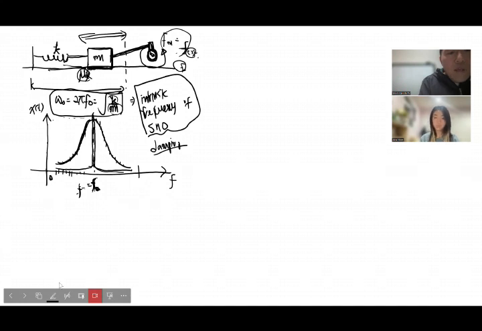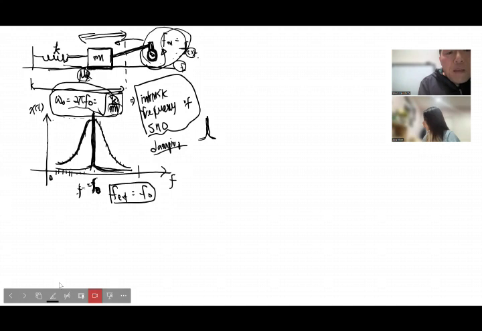And when f external is the same as f naught, it's perfectly resonating. Resonating means the external force frequency, the external perturbation, is exactly the same as the intrinsic frequency of k and m. Then there's no energy loss. All the energy transfers from the external force onto the system.